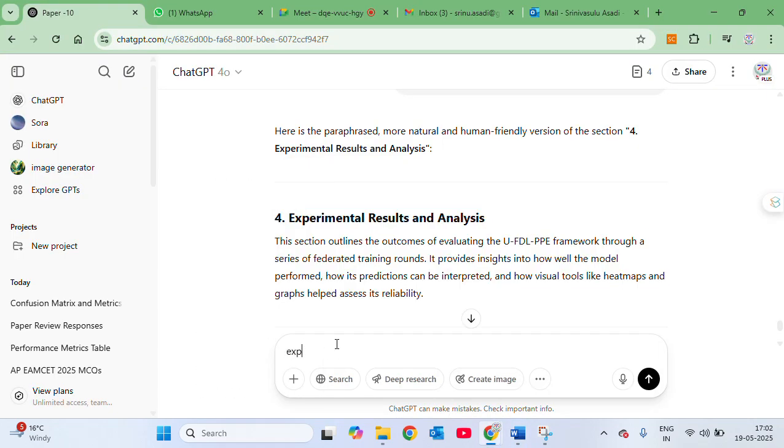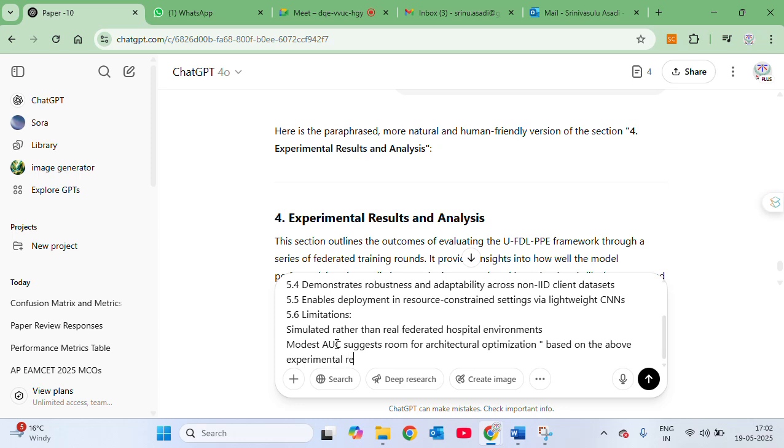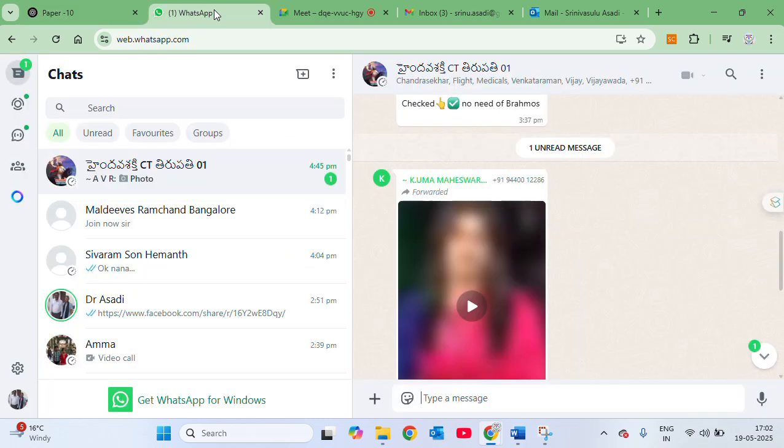So now we will ask: explain each side heading in two paragraphs based on the above experimental results. Now it is generating.